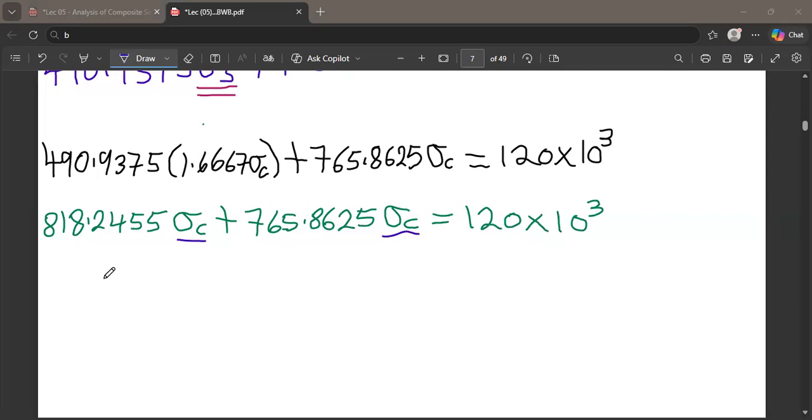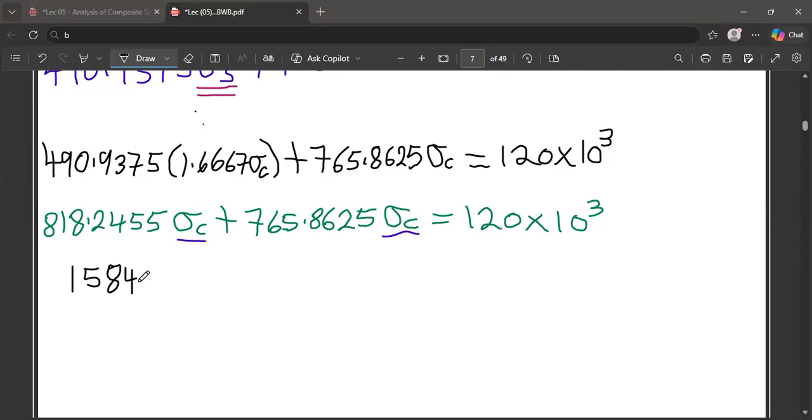From here, we are going to get 1584.108, which is equal to, then you bring the stress in the copper tube, which is equal to 120.